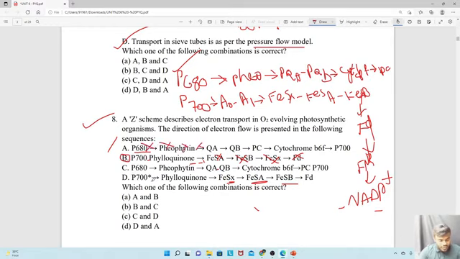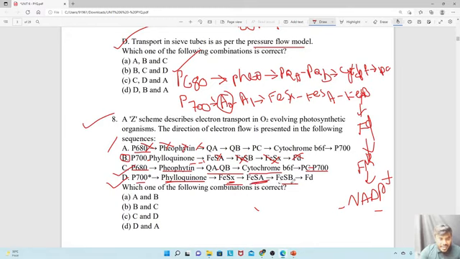So undoubtedly, friends, option B is also a wrong option, option A is also a wrong option. Now if you look into option C, P680, pheophytin, quinone A, quinone B, cytochrome B6F, plastocyanin, P700. Option C is absolutely right. Option D, P700, anyway they did not give the A0, they have only given A1. A1 we can call phylloquinone, absolutely right. Iron sulfur X, right.